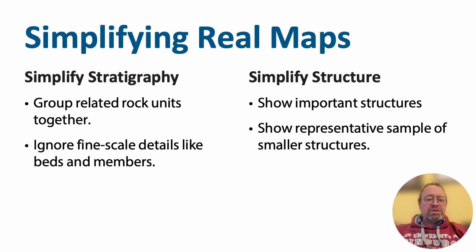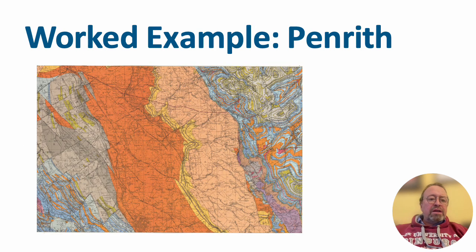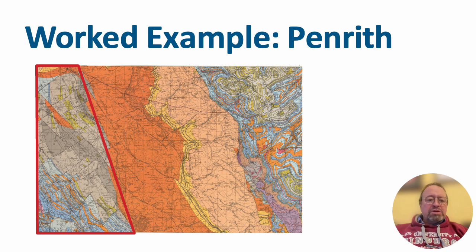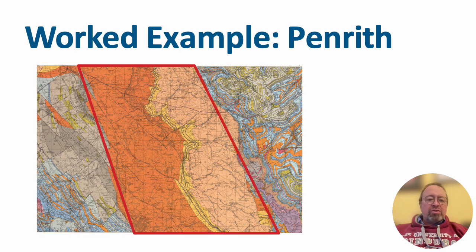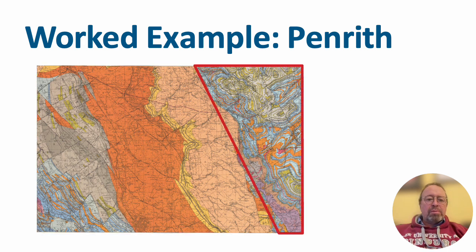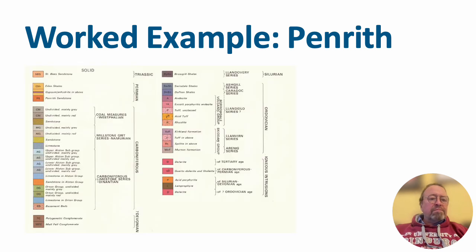Let me show you an example from Northern England, from Penrith. So here we have Carboniferous rocks in the west, we have Permo-Triassic in the middle, and more Carboniferous on the right there. And like every real geological map, you will have a legend here showing the different formations, and as you can see, there's quite a lot of them, which is more than we need to get a general understanding of the evolution of this particular area.